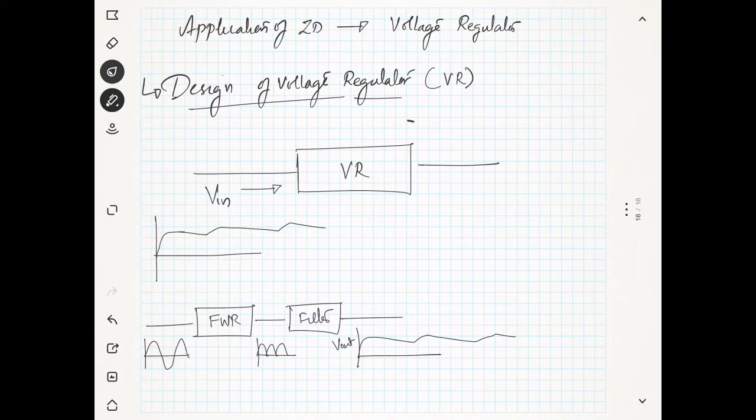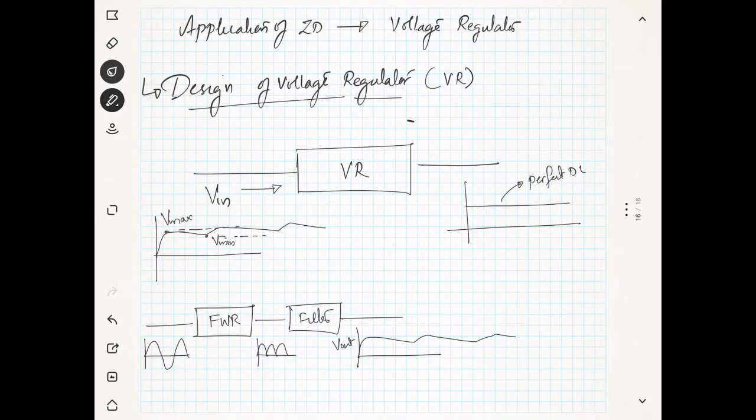Now the voltage regulator actually sees a signal which is changing. It has a maximum limit and a minimum limit. You can see that the signal is changing between maximum and minimum, but the voltage regulator will give you a constant DC. Now you can see that this is a perfect DC.